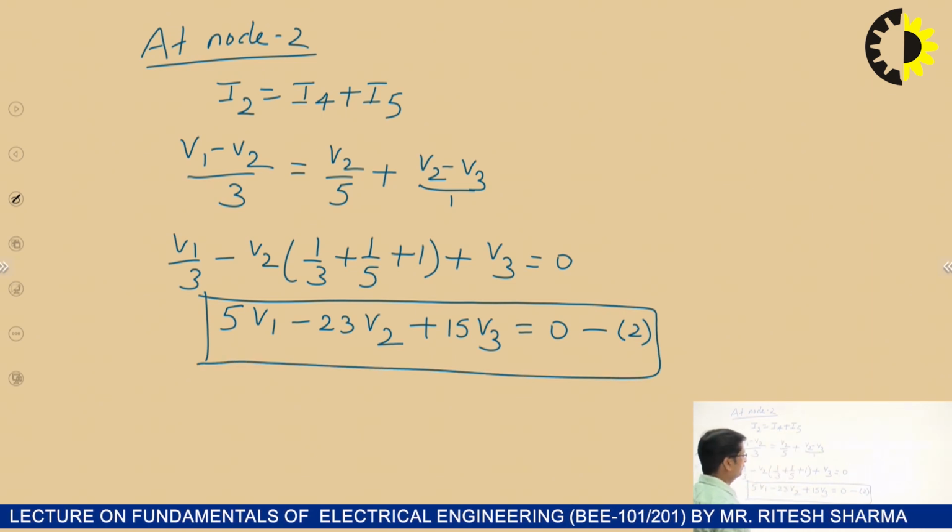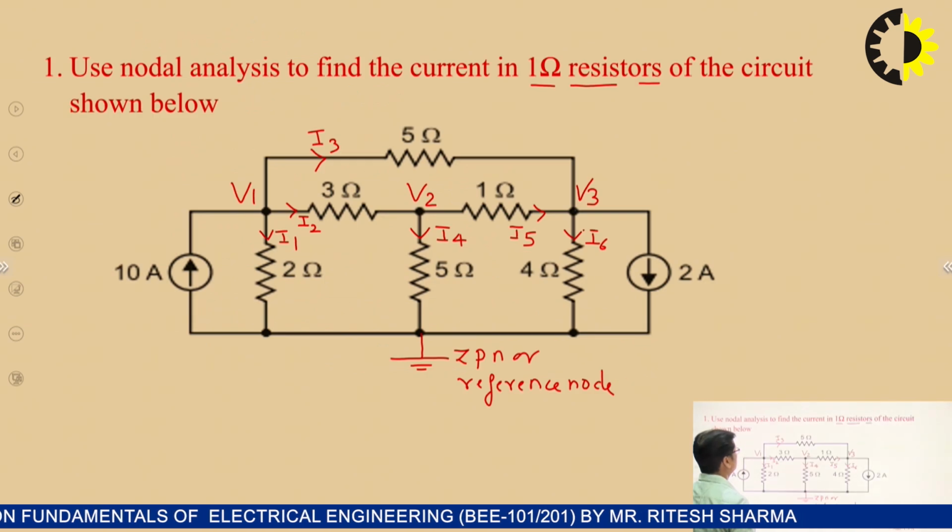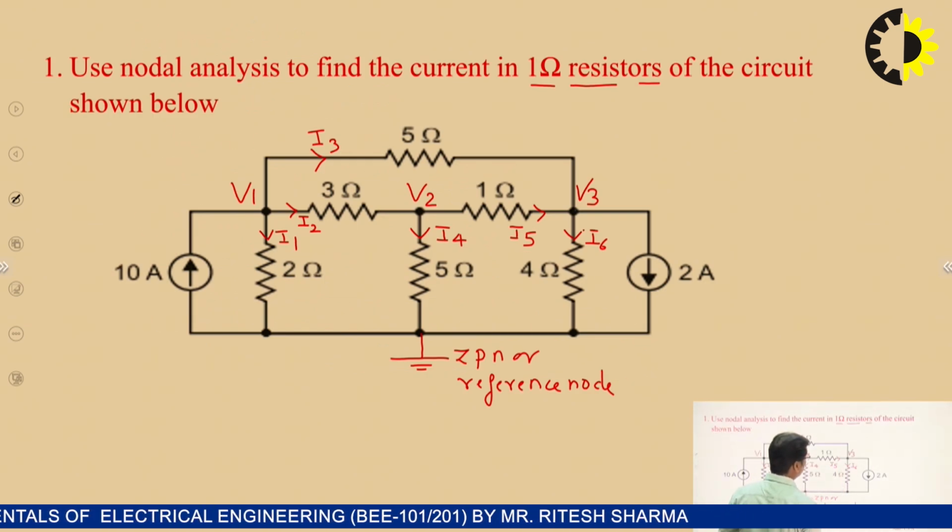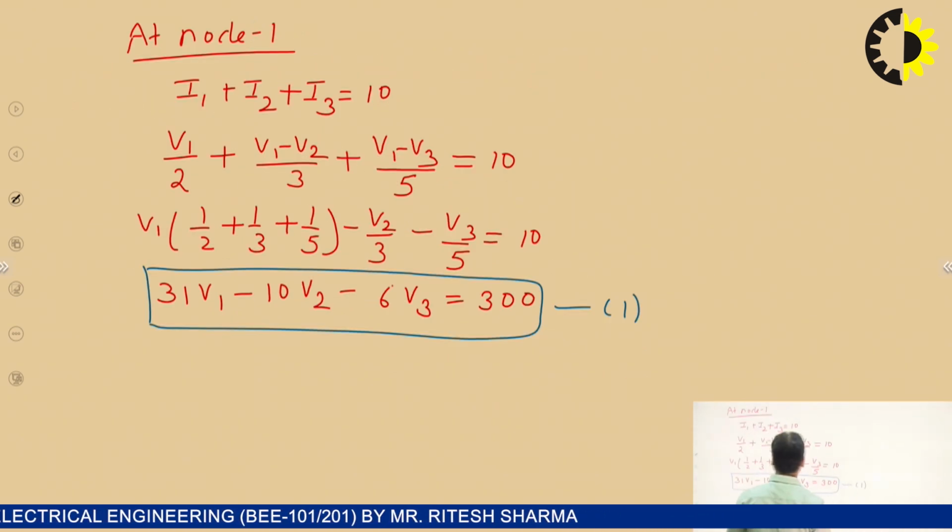Now the third equation is based on the node V3, at node 3.